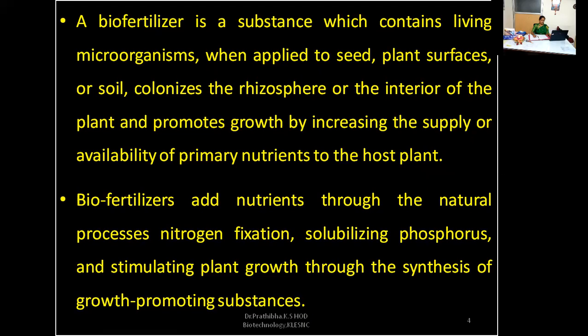Through natural processes, that is nitrogen fixation, solubilizing phosphorus and stimulating plant growth through the synthesis of growth promoting substances, we can enhance the soil quality and the high yield of the plant system.